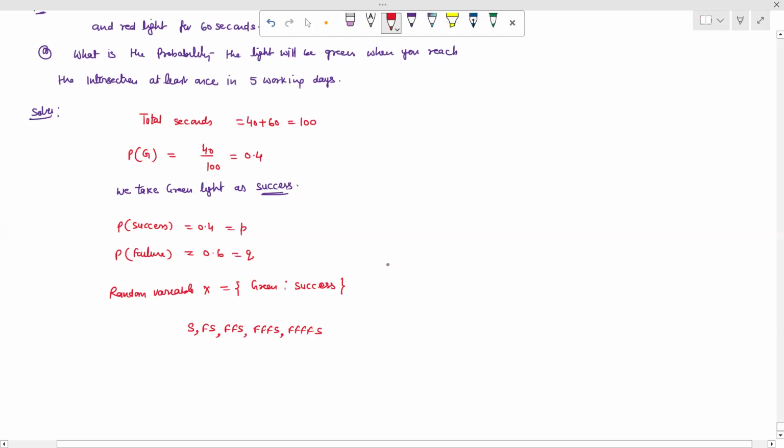So now we calculate the probability that we cross at least once.